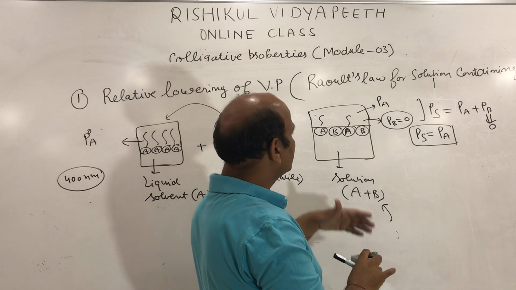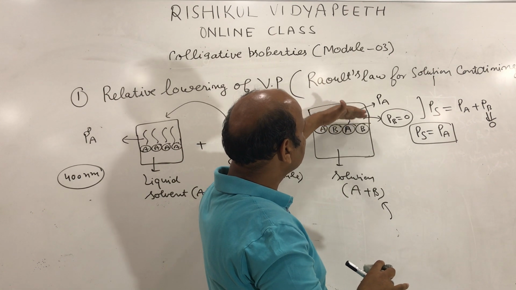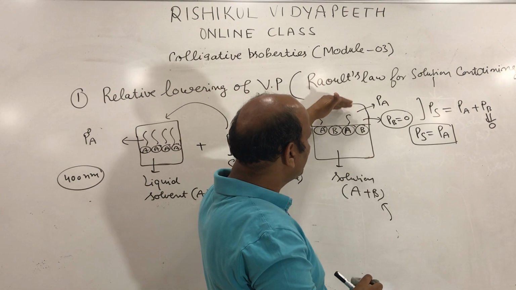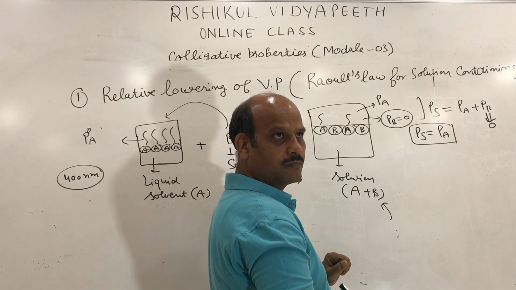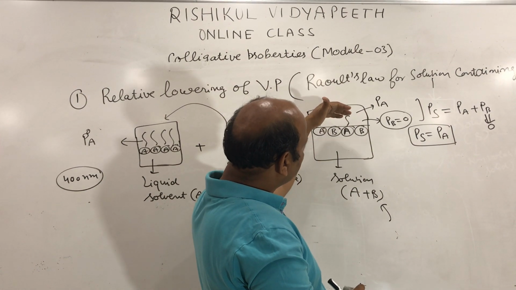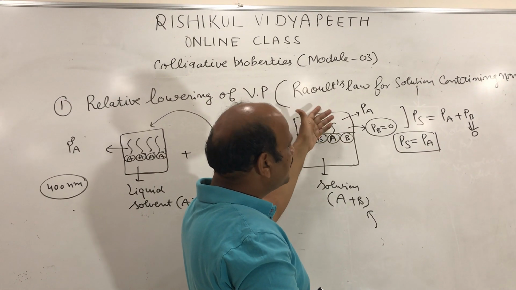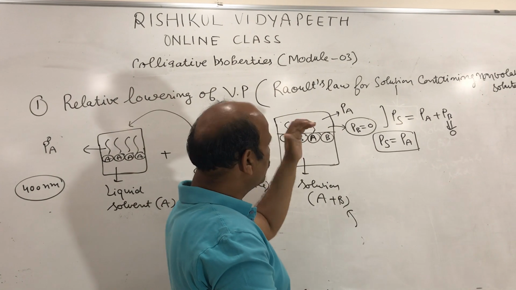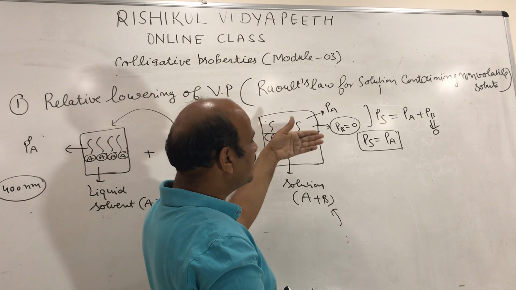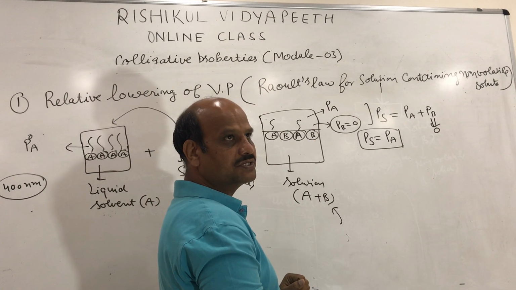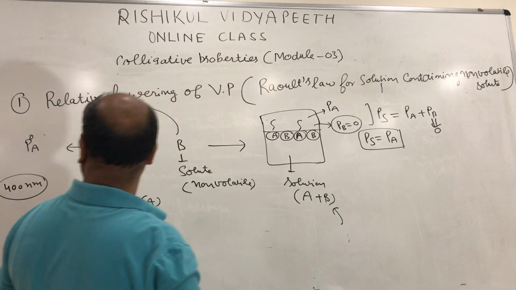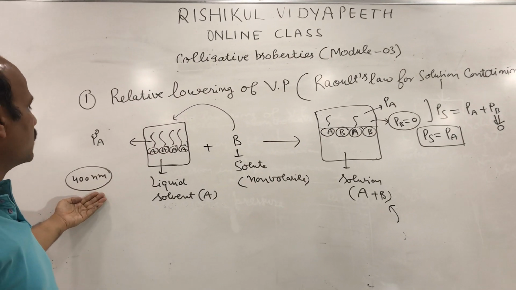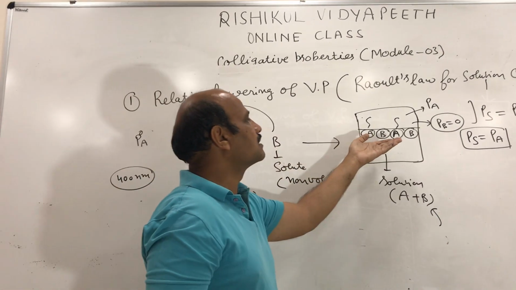So there is less surface area for vaporization, fewer vapors are formed, and the vapor pressure decreases.